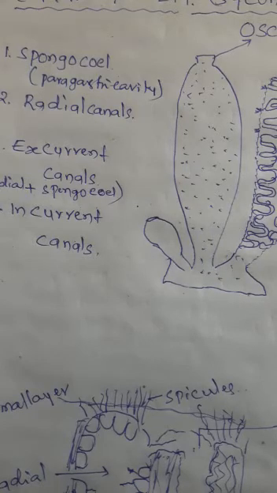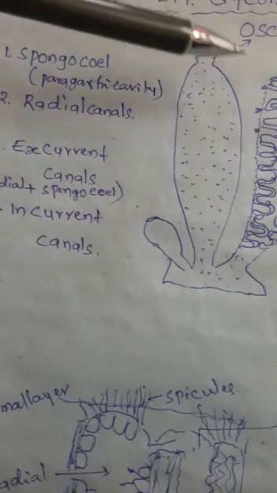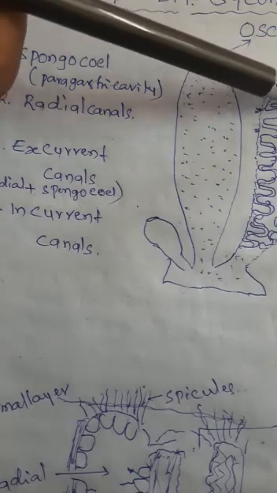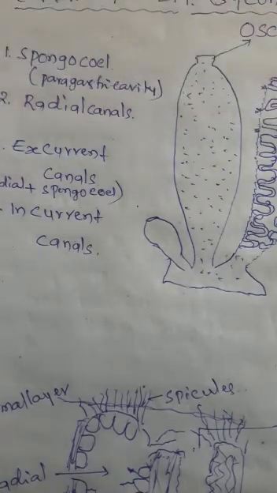On the outer side, each incurrent canal is covered by a pore membrane pierced by 3 or 4 ostia, which are pore-like structures.